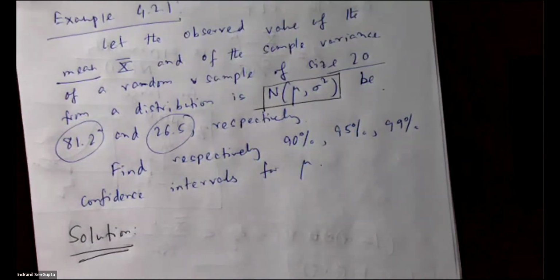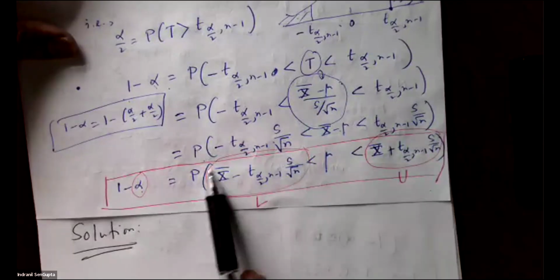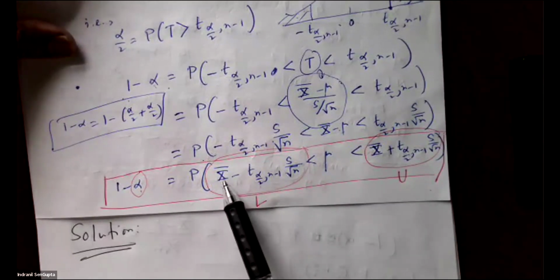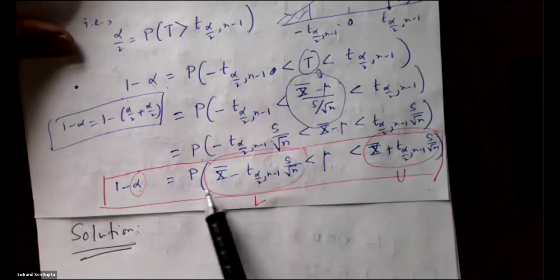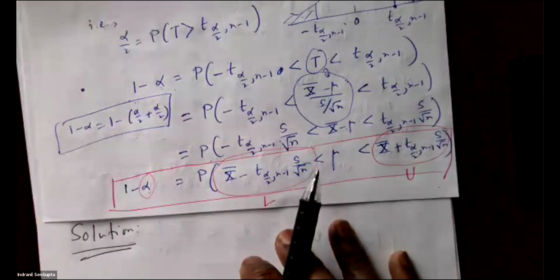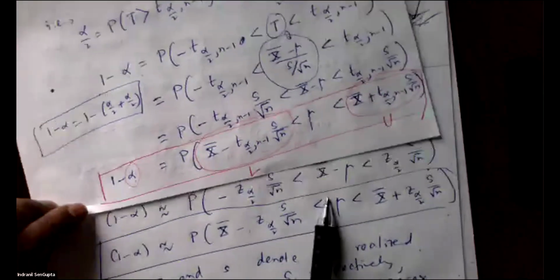The underlying assumption is that the distribution from where the samples are drawn is normal. Note the difference: this is what I meant by the first result, and this is the second result, the one I just derived.